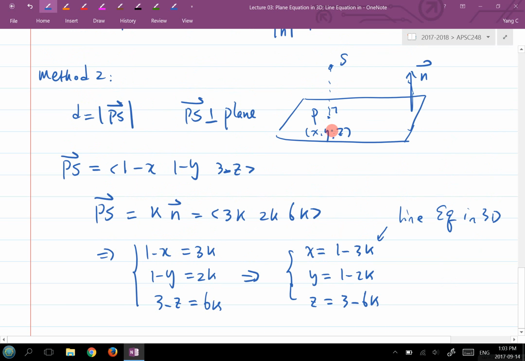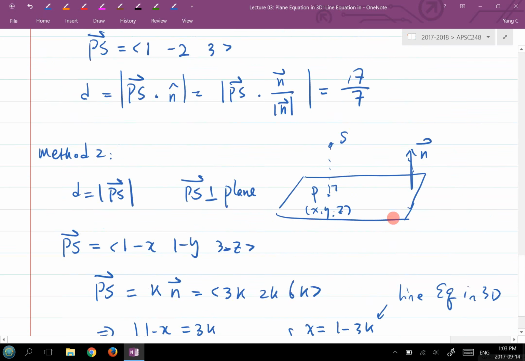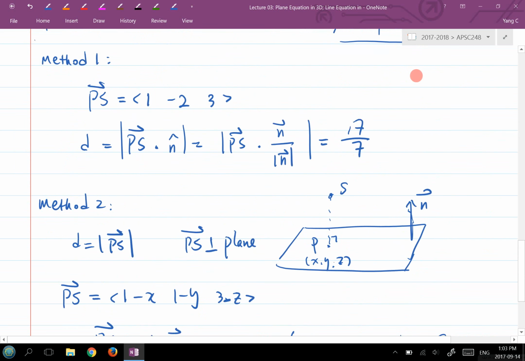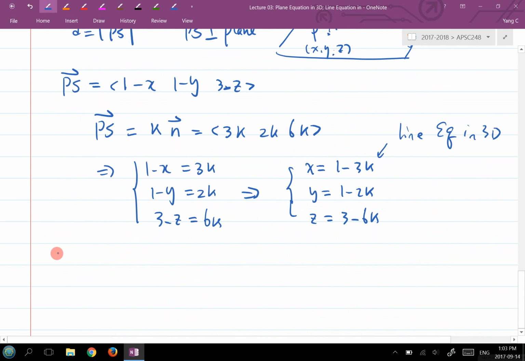Then what are the coordinates for point P? It's this, x, y, z. So let's substitute the coordinates of P back into the plane equation, which is this one here. Let's do that. Substitute point P into the plane equation.